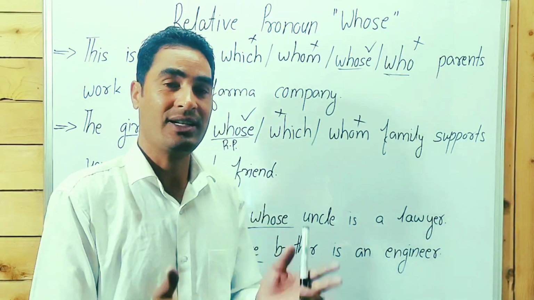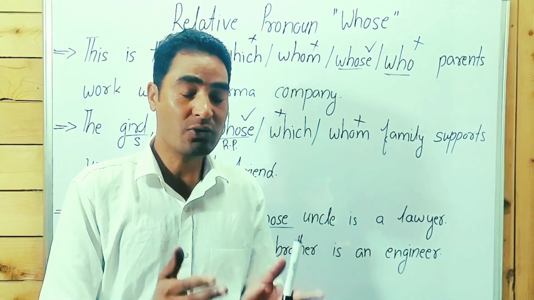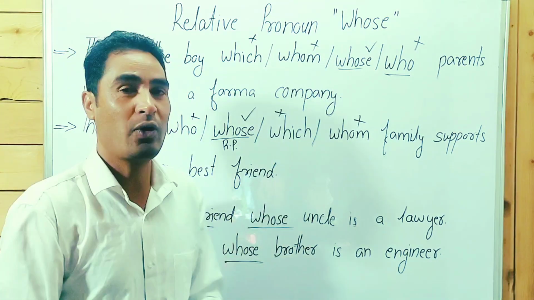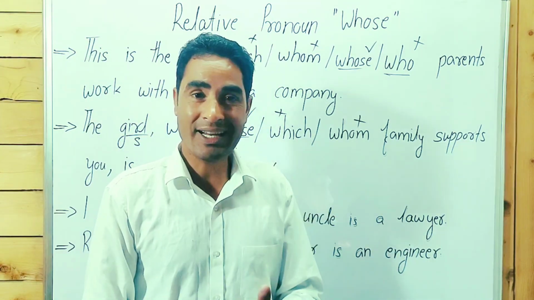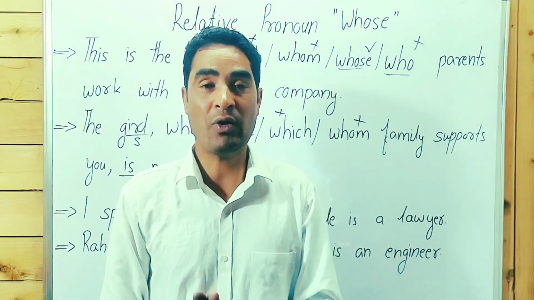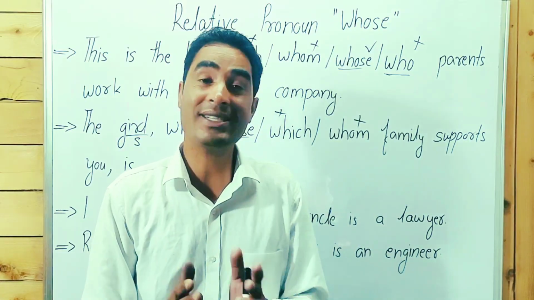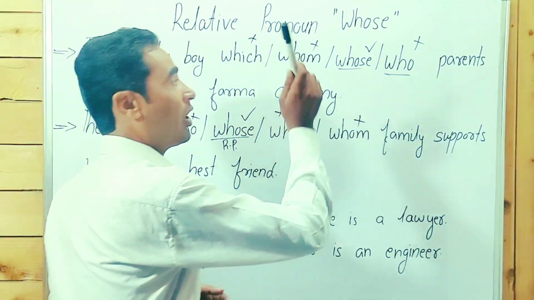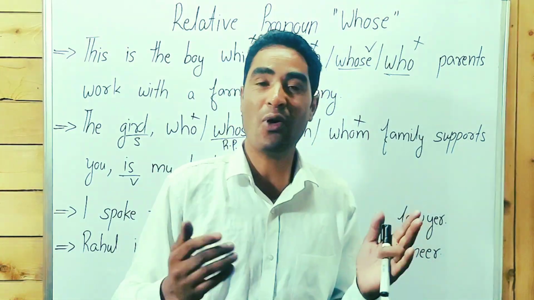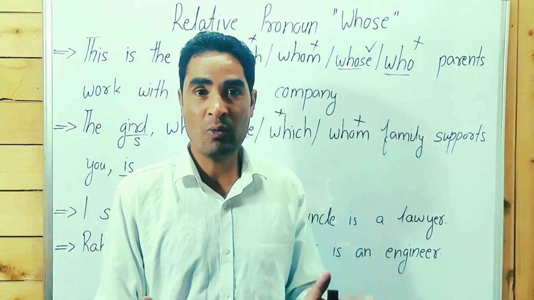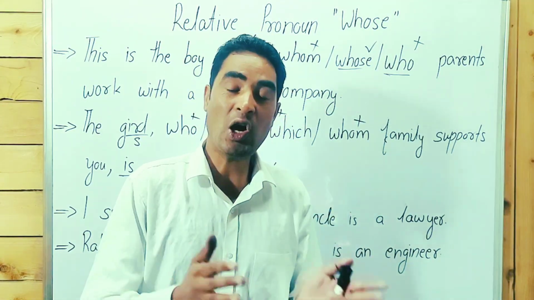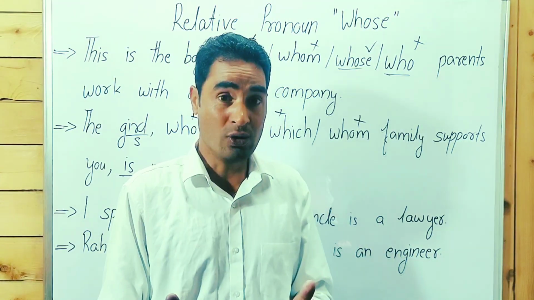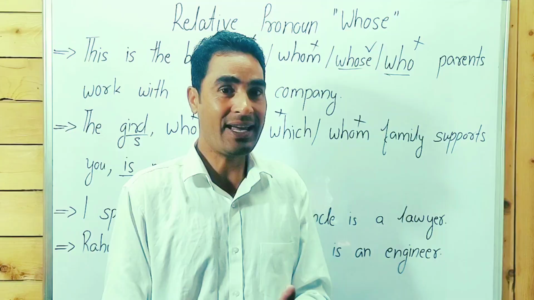Guys, a point to be noted. "Who" is used for the subjective case, "whom" is used for the objective case, and "which" is generally used for non-human beings. When we talk about selection and choice, "which" is used for human beings as well. "Whose" is used only for human beings, not non-human beings like animals and things.